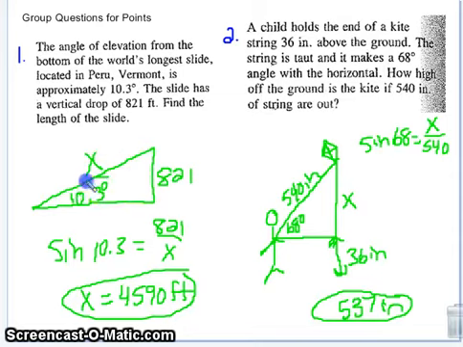If we have an angle of elevation of 10.3, the relationship between that angle of elevation and the vertical drop is opposite, and we're trying to find the length of the slide, which will be our hypotenuse, which is x.